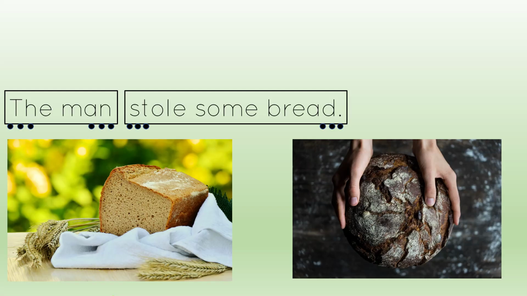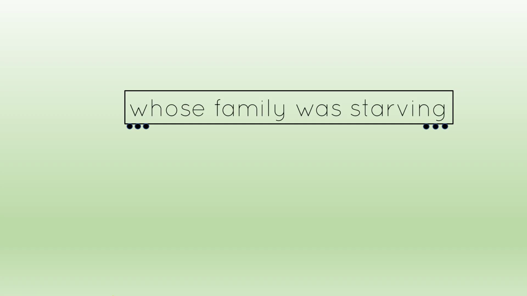What we do is we look at our original carriages, our original blocks of meaning. We decide what we want to say about this man, and we create another carriage. In this case, I've added the idea: the man whose family was starving stole some bread. Now, all of a sudden, we have a better idea of this man and his motives, and we might feel differently about him for stealing the bread.